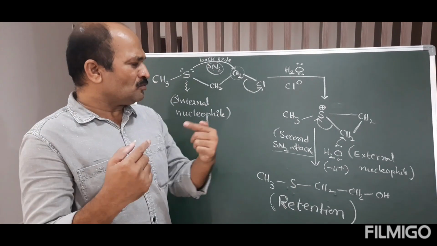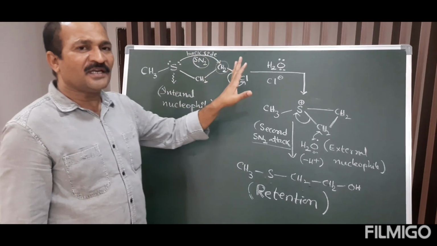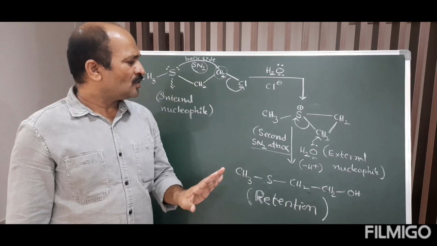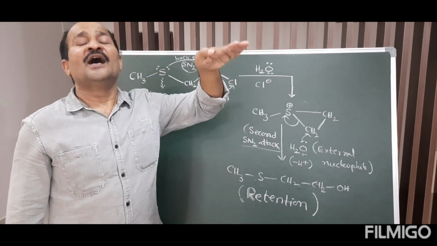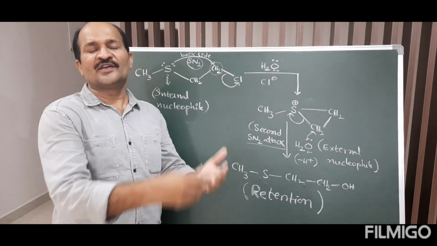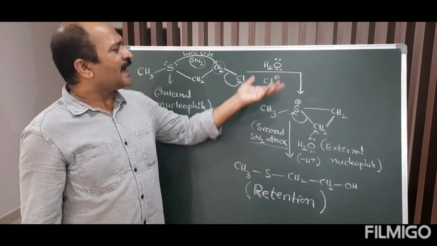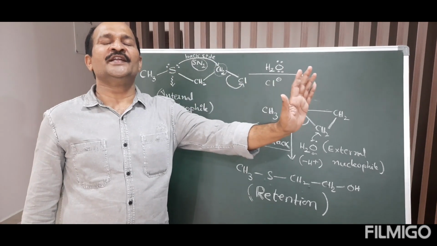I want to add one more point. These NGP reactions will happen only when the external nucleophile concentration is under control. If you are taking an excess amount or a high concentration of the nucleophile, only the total SN2 reaction takes place.